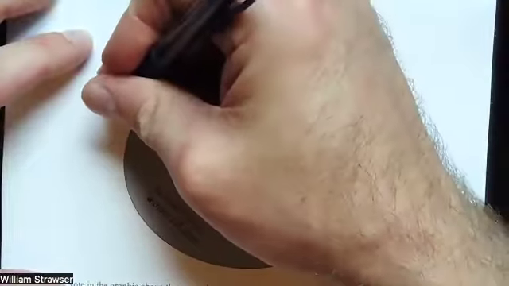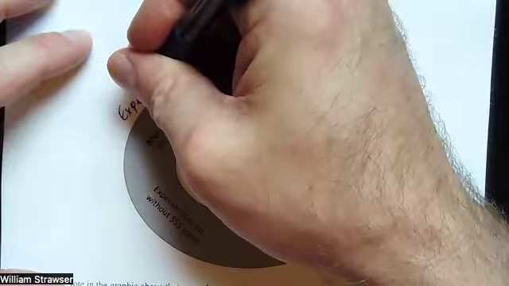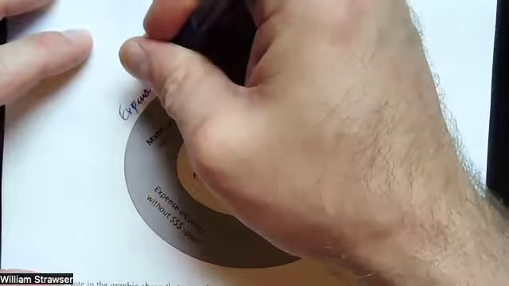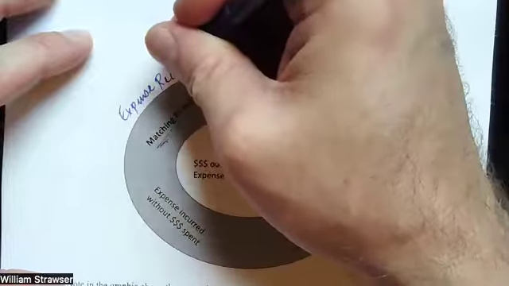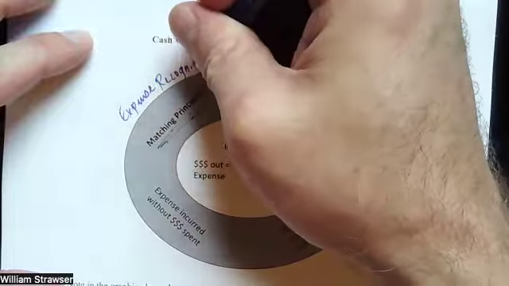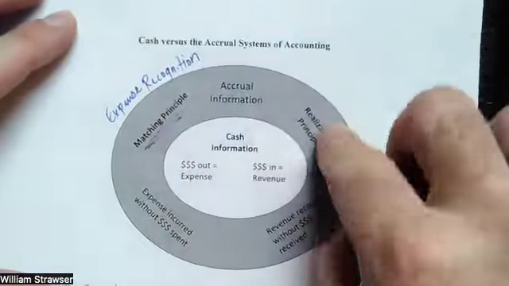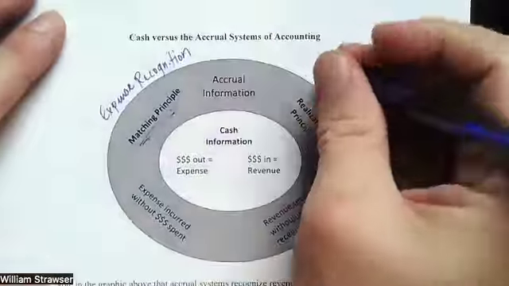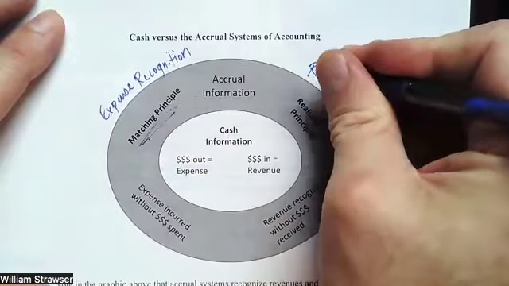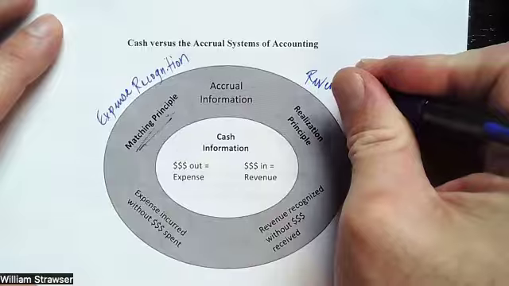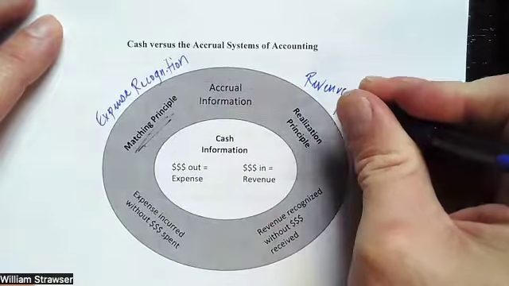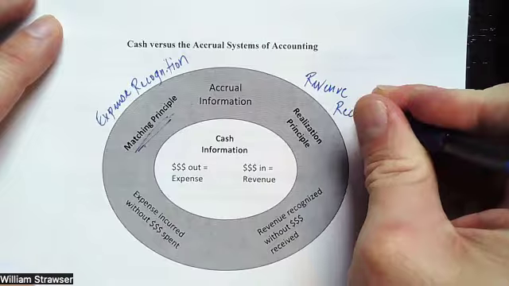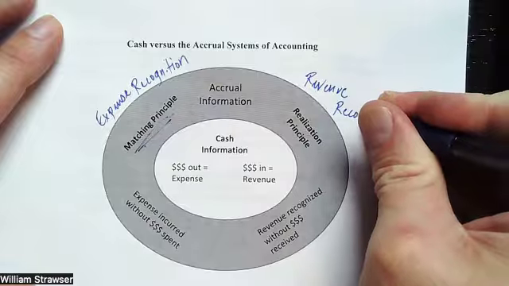The matching principle, remember, is also called the expense recognition principle. They are the same thing. It tells me when to recognize an expense. And the realization principle is just another name for the revenue recognition principle. Same thing, it tells me under an accrual system when I can recognize revenue.